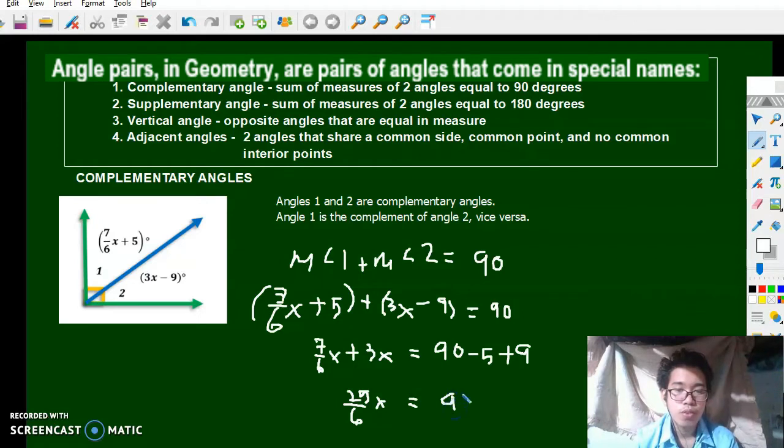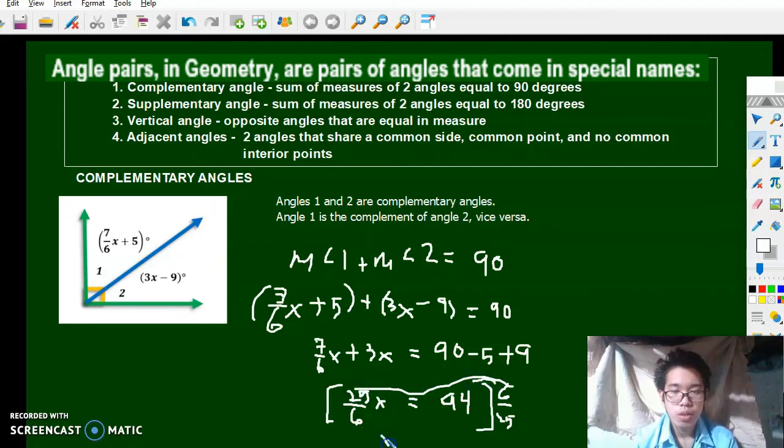So 94 degrees. In order to find the value of x, you simply have to multiply by the reciprocal of the coefficient of x. So we have 25 over 6. What's the reciprocal of 25 over 6? That's simply 6 over 25. You also do that on the right side.